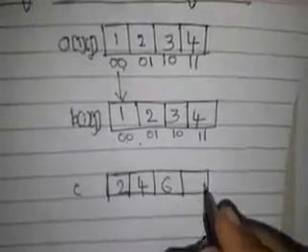That is C of ij. I think the logic is very simple here. Then what is the meaning of it? C of ij is equal to A of ij plus B of ij. So we got a formula now, that is C of ij is equal to A of ij plus B of ij. Yes or no? Very simple.